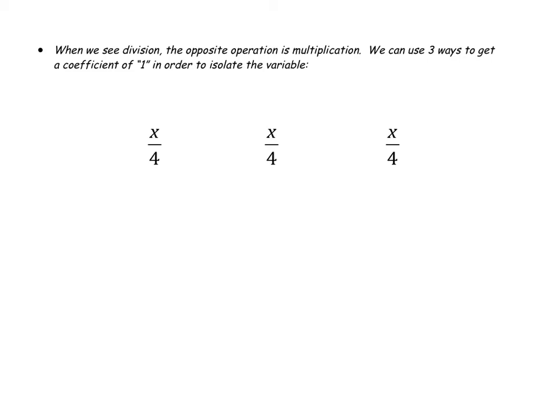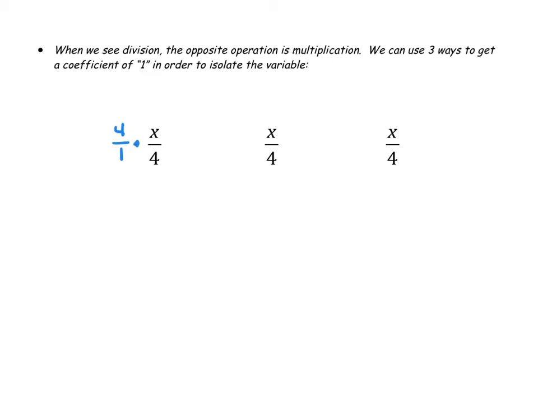There's 3 different ways. You've probably noticed that this resembles a fraction. It kind of looks like x as a numerator and 4 as a denominator. So one of the ways I can create a coefficient of 1 is to take 4 over 1 and multiply this.